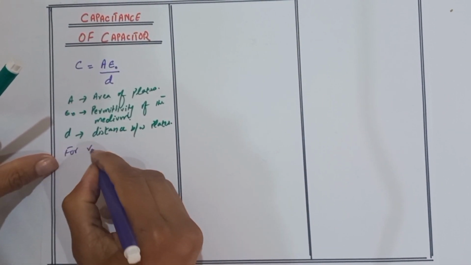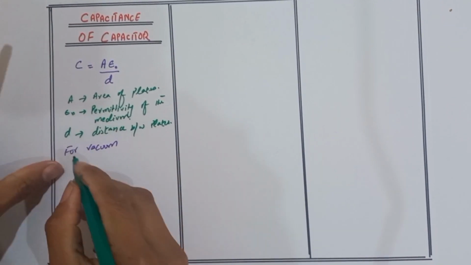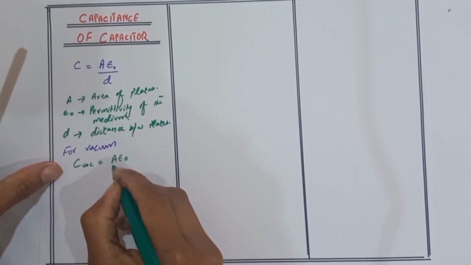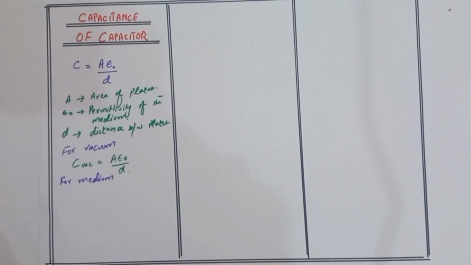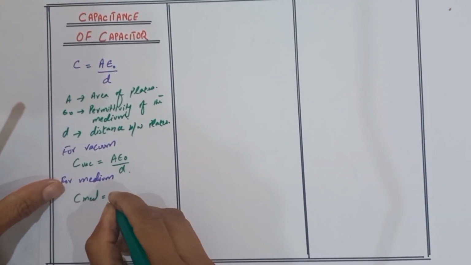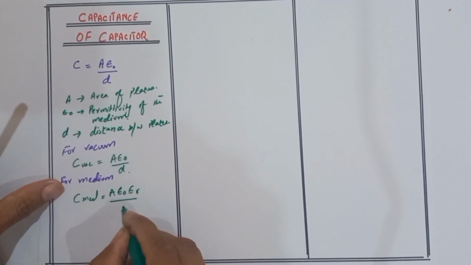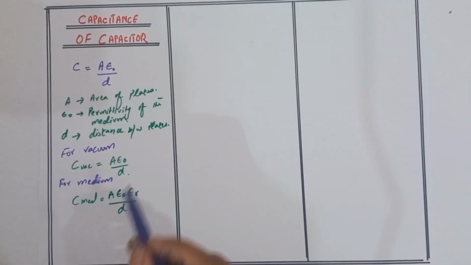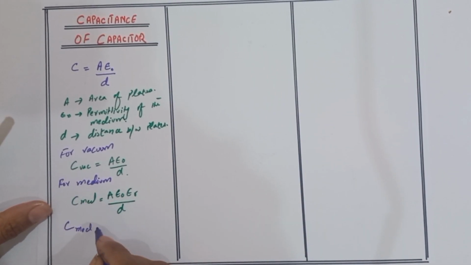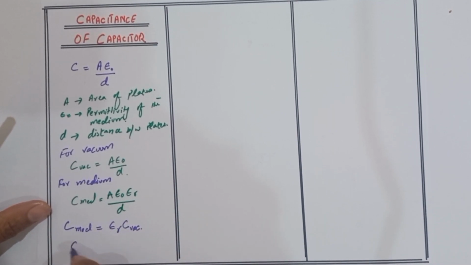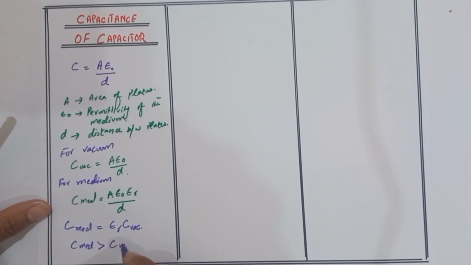For vacuum, the capacitance is A epsilon naught over D, and for a medium, it is A epsilon naught upon D. By using these two formulas, we can write the capacitance in the presence of the dielectric as epsilon R times the capacitance in the presence of vacuum. So the capacitance of the medium is greater than the capacitance of the vacuum.